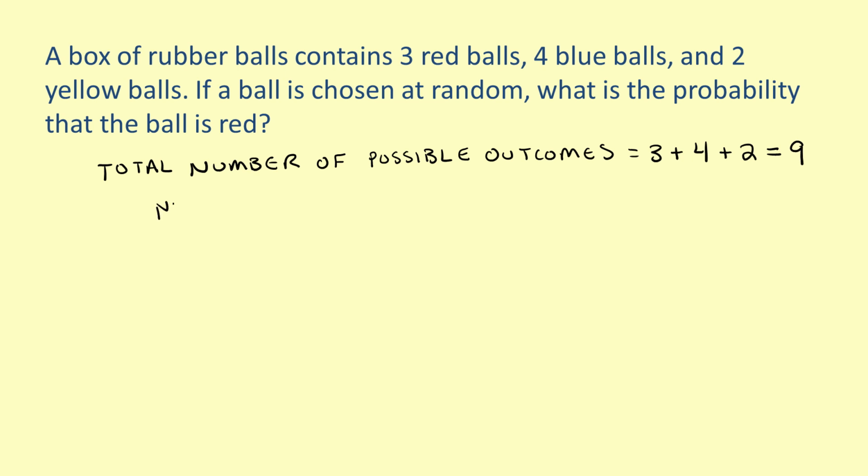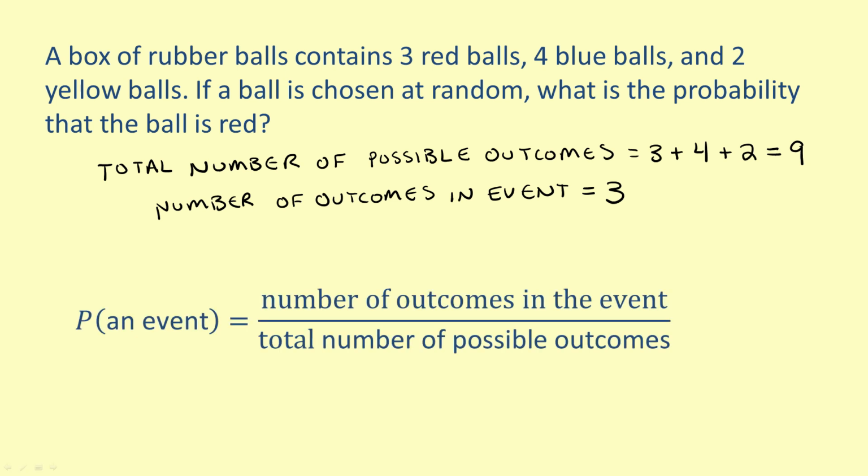We want to find the probability of the event that the chosen ball is red. There are 3 red balls, so the number of outcomes in the event that the ball is red is 3. We know that with equally likely outcomes, the probability of an event is equal to the number of outcomes in the event divided by the total number of possible outcomes.